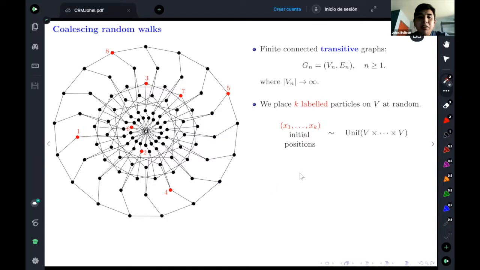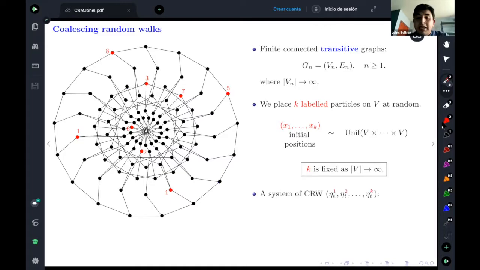It's possible that more than one particle occupies the same vertex at the beginning, but as I said, the size of the graph is going to infinity and the number of particles is fixed, so that happens with very low probability. For our results, it is the same to consider this initial state or to just put the particles in k different vertices chosen uniformly, because the graph is very large.